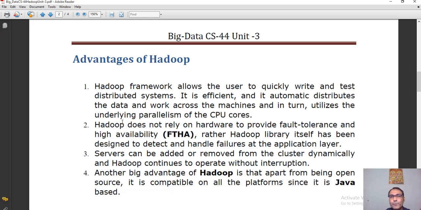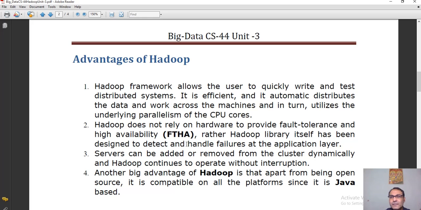Hadoop offers fault tolerance and high availability rather than a simple library, which means that if one or two resources fail, the result will not be affected.